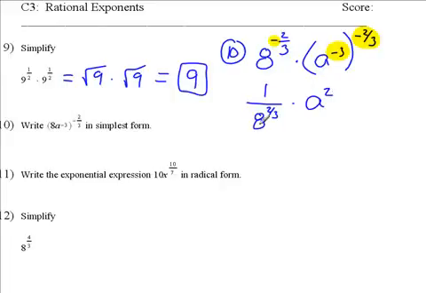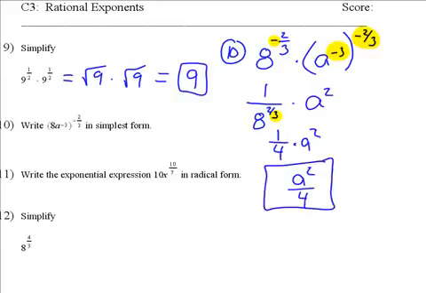Now I need to evaluate this 8 to the 2/3. And I tried to show you real quick how we can take the cube root of 8 and get 2, and then take that answer and square it, which would give us 4. So this whole thing just becomes 1 over 4 times a squared, which is the same as a squared over 4. And that's where I would have stopped right there. We'll pause right here and see if there's any questions.